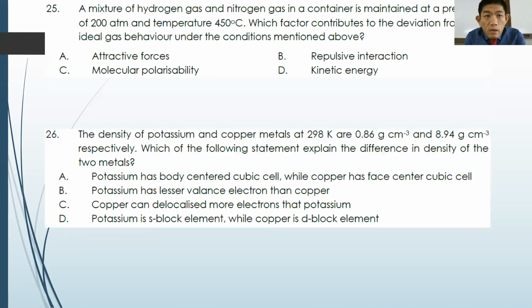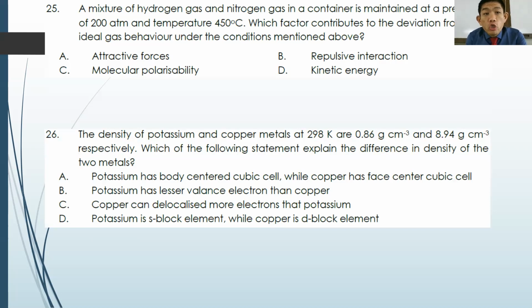Then 25, a mixture of hydrogen gas and nitrogen gas in a container is maintained at a pressure of 200 atmosphere and a temperature of 450 degrees Celsius. Which factor contributes to the deviation from the ideal gas in here? So now you have high pressure. For a gas to behave ideally, you must have high temperature and low pressure.